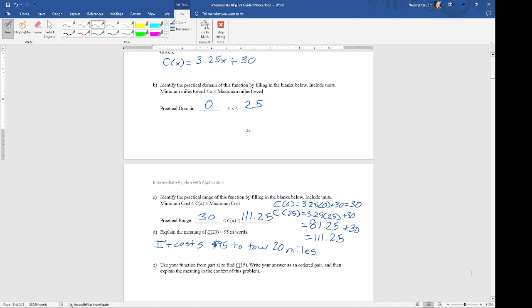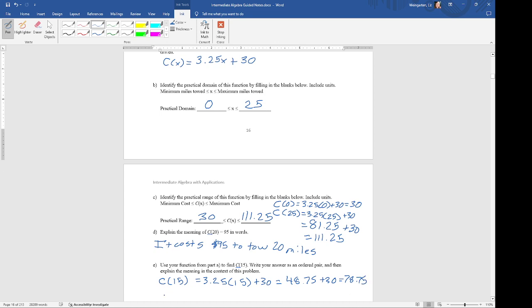We want to use our function to find C of 15. We're going to write our answer in an ordered pair and explain the meaning. So we're going to plug 15 into our function. Going to plug that into my calculator. 48.75 plus 30 gives us 78.75.